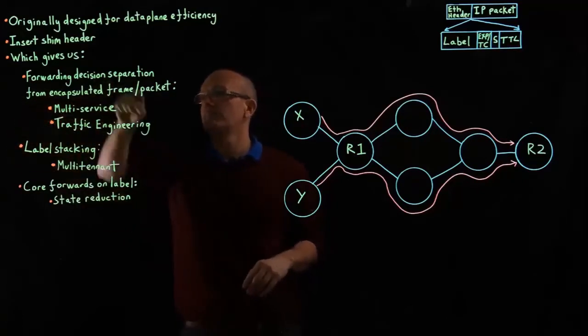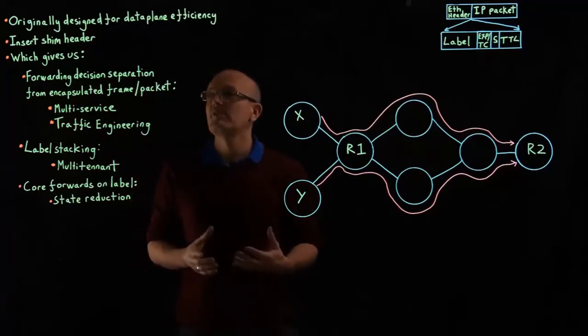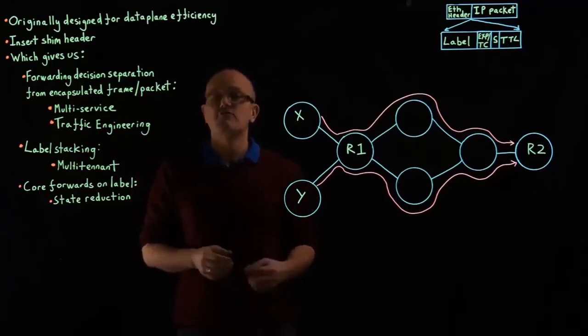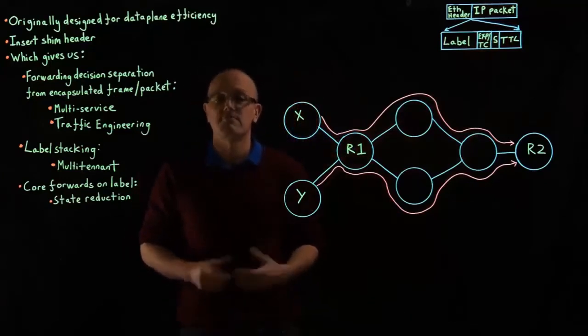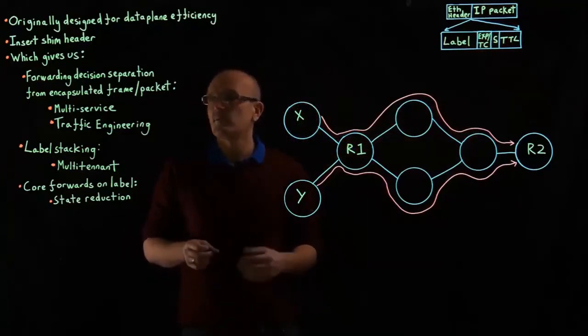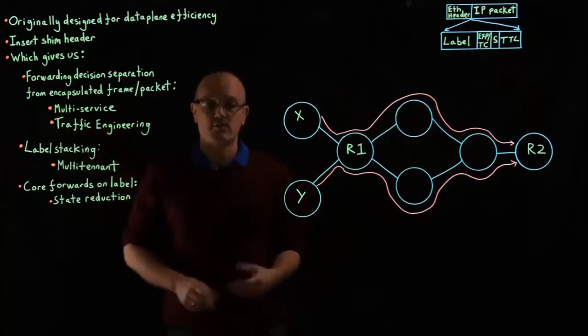So first off, we have this separation of forwarding decision from the encapsulated packet. So this brings a number of benefits. The first is that we can run a multi-service network.